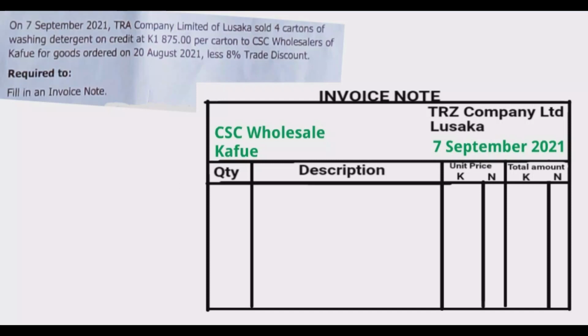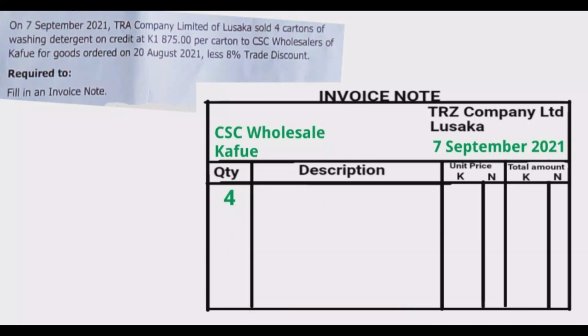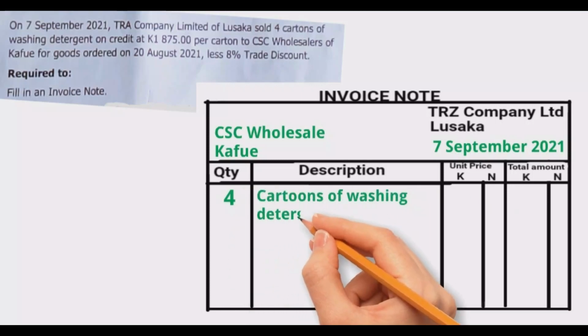Okay, so once you have done this, the next thing you need to do is we come down here. So on quantity, we ask ourselves how many boxes were returned, the cartons of washing detergent. We are told there are 4, so we write 4 here. Then description, cartons of washing detergent.